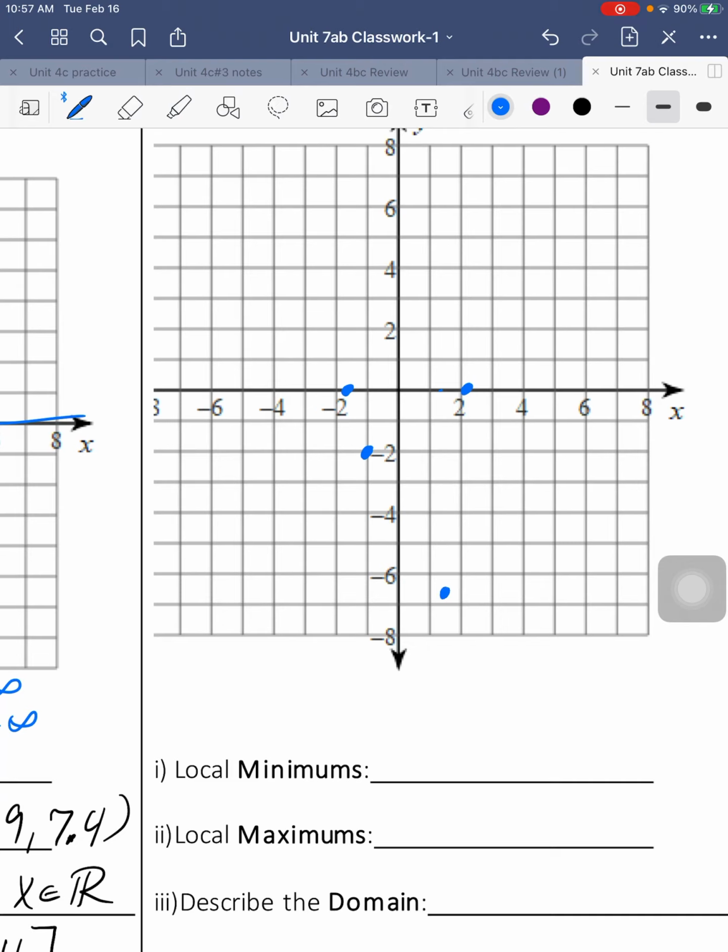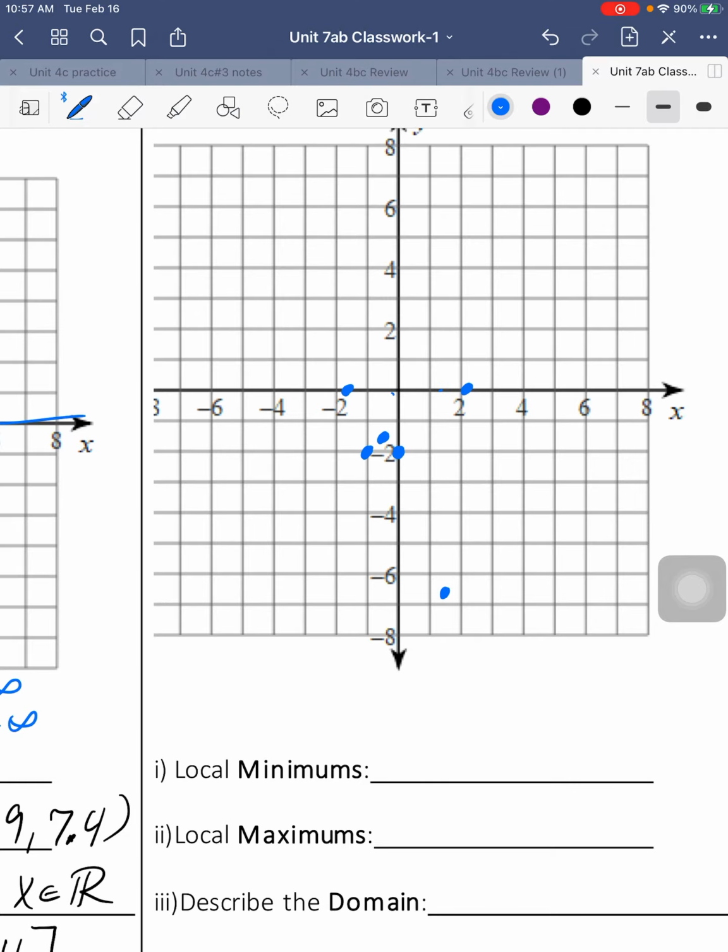So right here. It has a maximum at -0.4, -1.7. Just try to do your best to get a graph that looks right. And a y-intercept at 0, -2. There's a lot of points that are close to here.